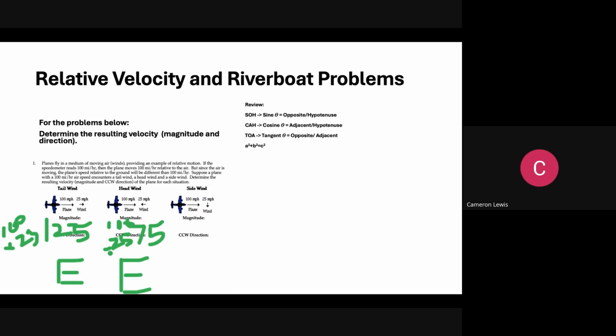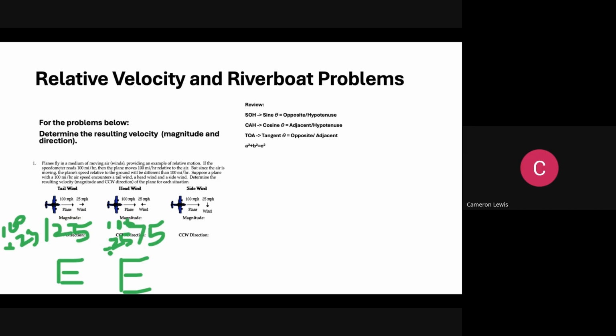Faster, or it has a higher what? M word. Magnitude. So the magnitude of the plane is still higher than the magnitude of the wind. So even though we add them together, there is a subtraction. The magnitude of the plane is still greater, to where the overall velocity is still towards the east.